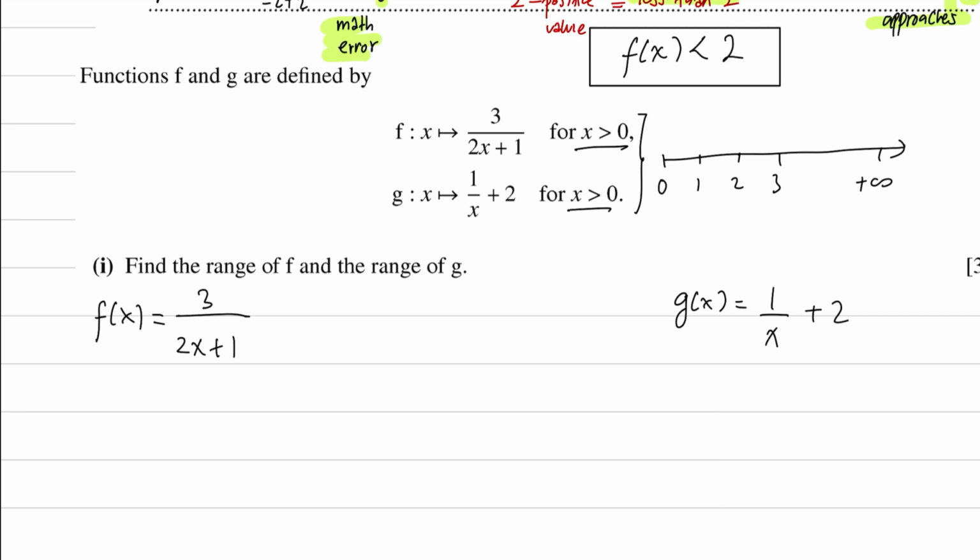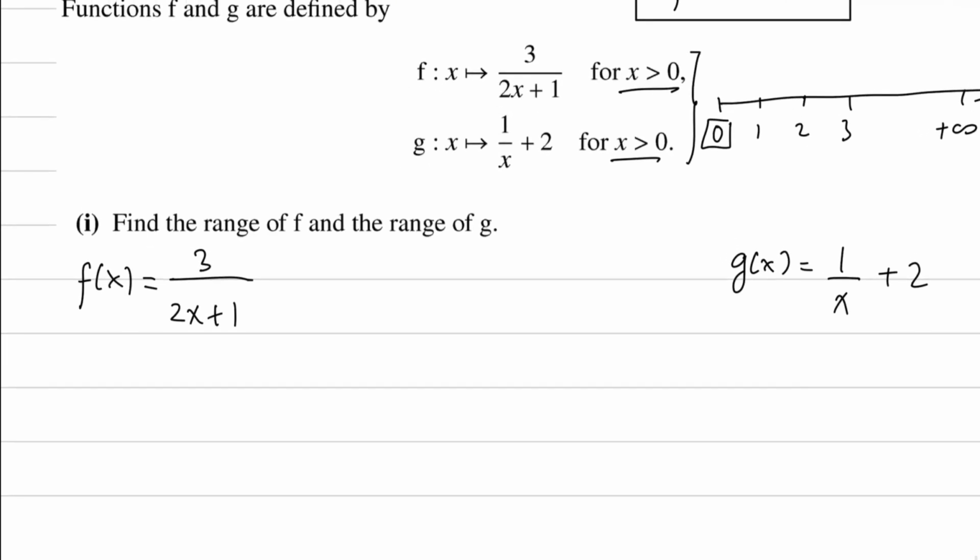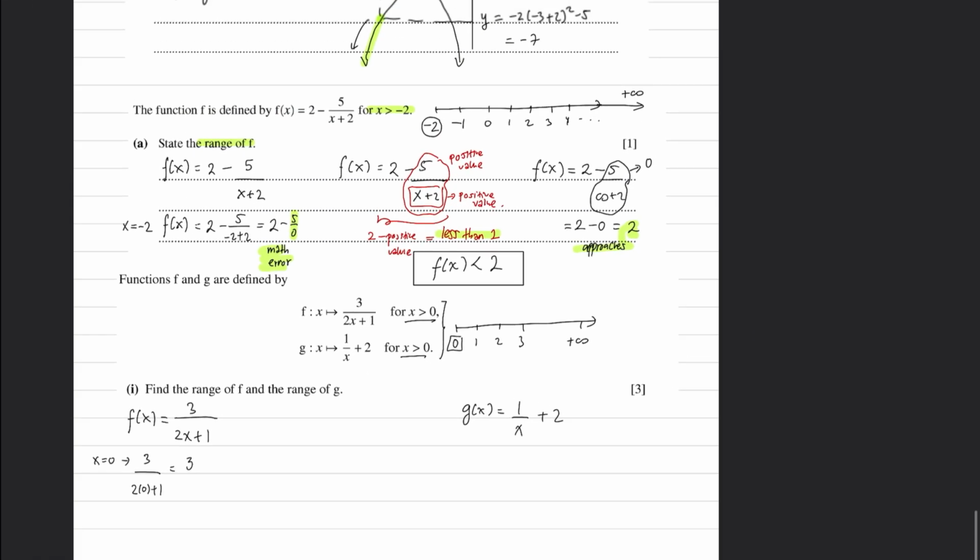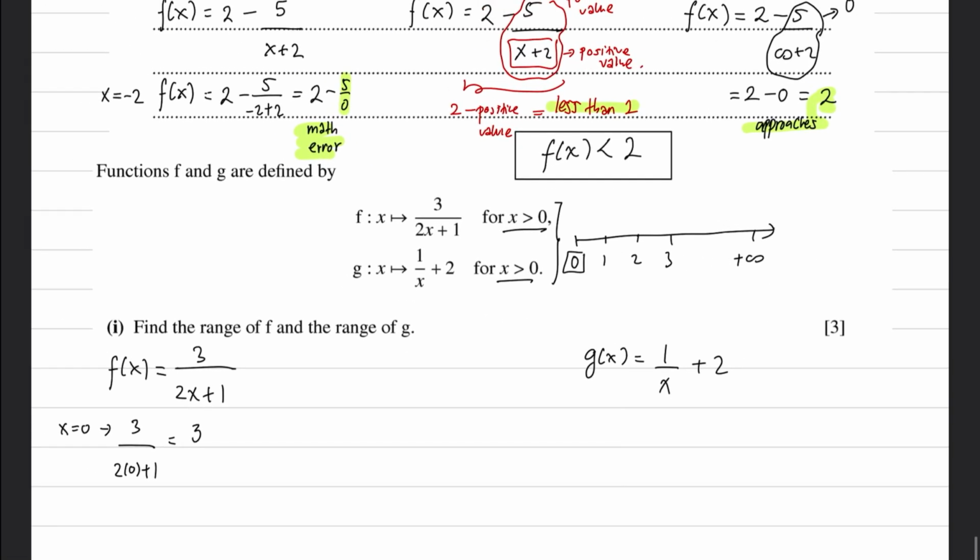Now, as usual, let's see what happens if we put 0. Will it give us error? So put x = 0. That gives you 3/(2 times 0 + 1), which is equal to 3. Now it's different. Before it was math error, but now it's not.